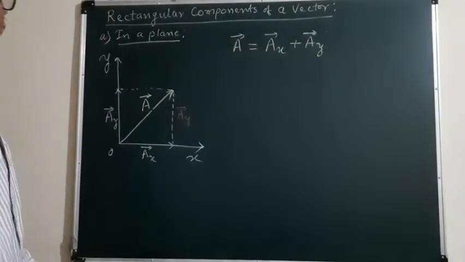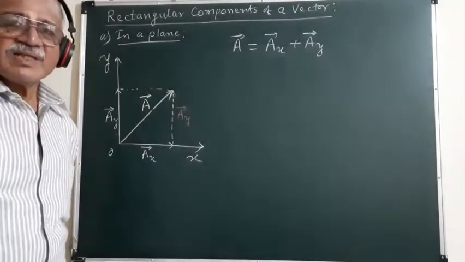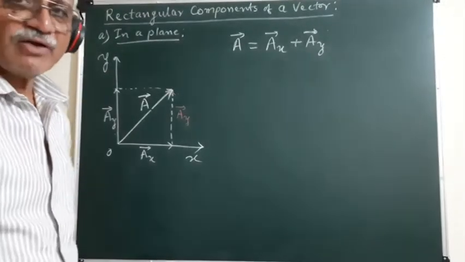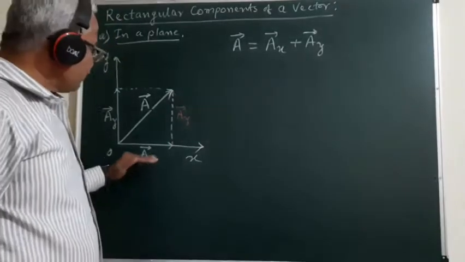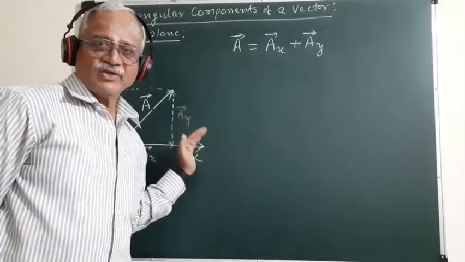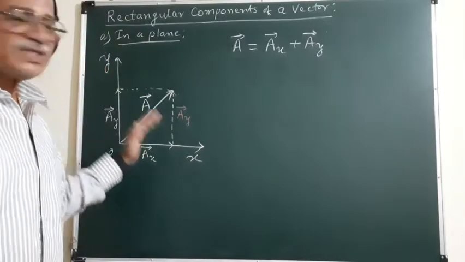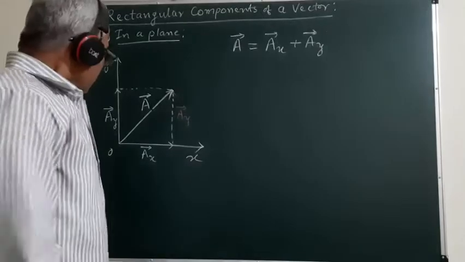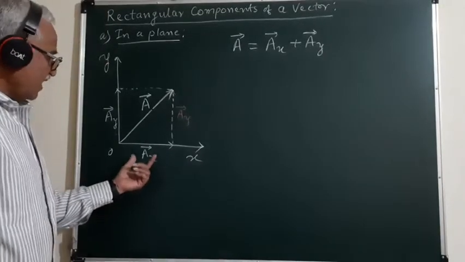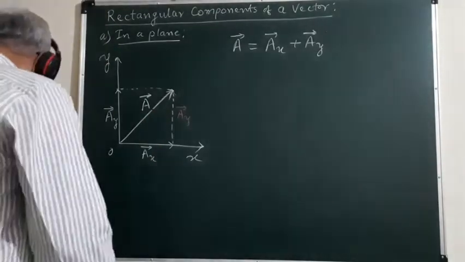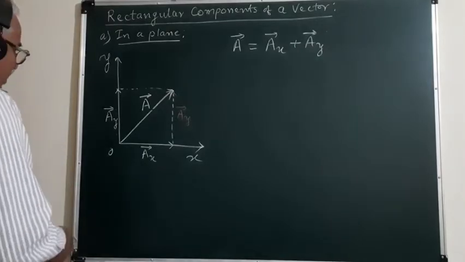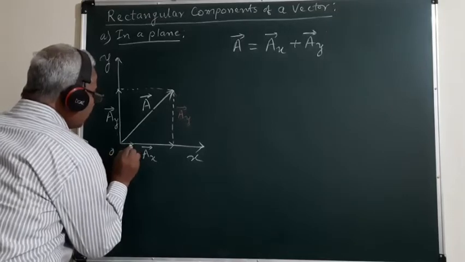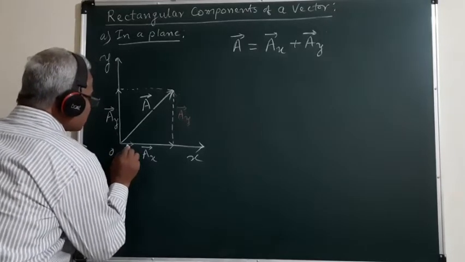So this is how we can express the given vector a bar in terms of its rectangular components. So ax bar and ay bar here are said to be the rectangular components of the given vector a bar. Now these components ax bar and ay bar also can be expressed in terms of the unit vectors along the x-axis and y-axis.